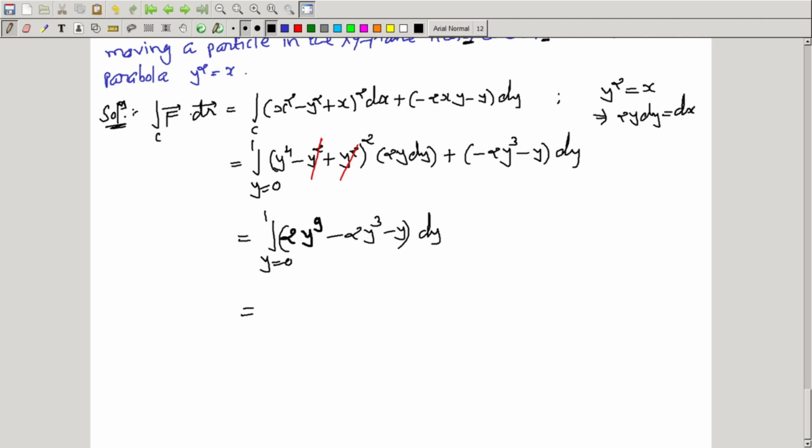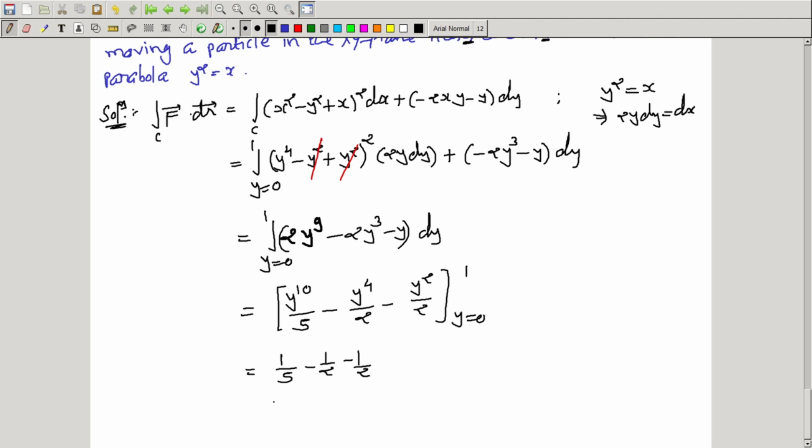So the integration is y raised to 10 divided by 10. So finally it is y raised to 10 upon 5 minus 2y raised to 4 upon 4 minus this is y square divided by 2 from y is equal to 0 to 1. So this is what? 1 upon 5 minus 1 upon 2 minus 1 upon 2 which is minus 1.